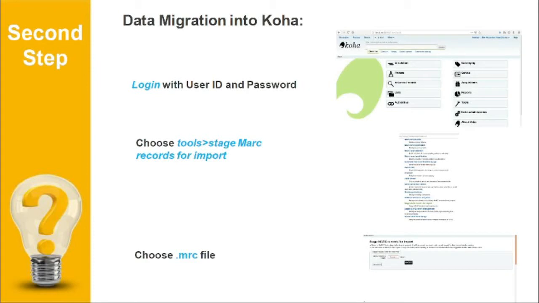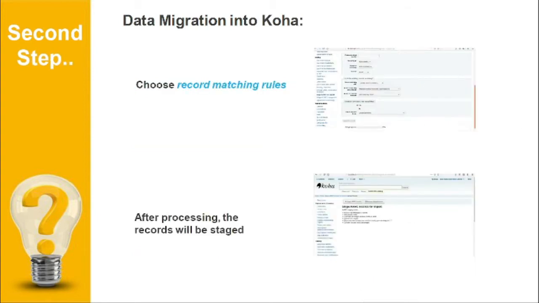How will we migrate the data, that MRC file, into a database? We will log in with the user ID and password. We will go to the tools module. In the tools, stage MARC records for import is there. You will choose the .mrc file and choose the record matching rules.